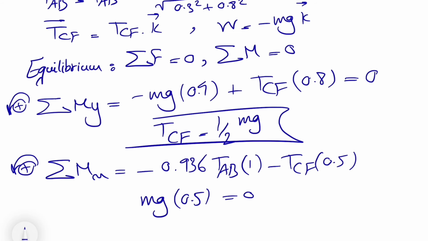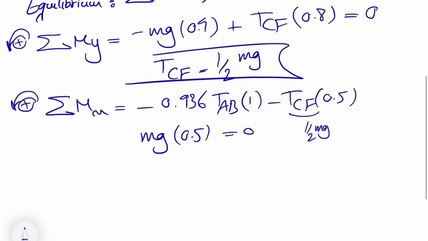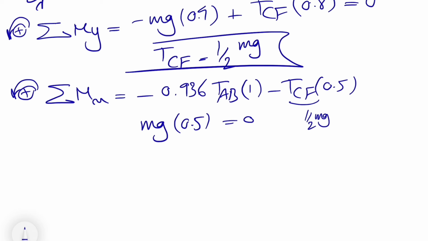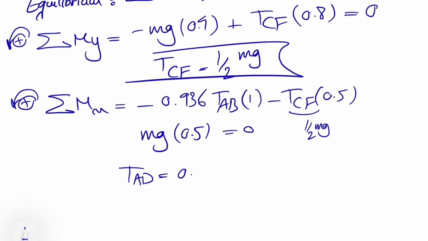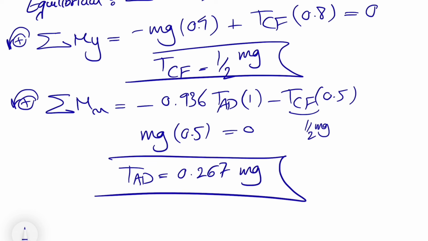And from the previous part, we know the TCF is already half of mg, and from here we can find TAD, which will be 0.267 mg. So we have two of the unknowns.